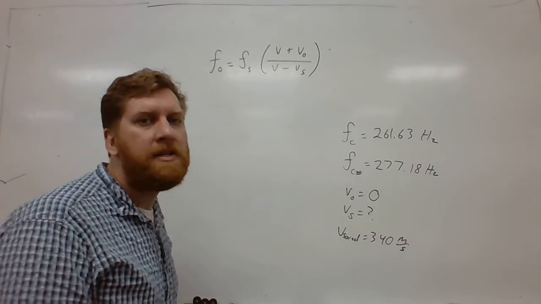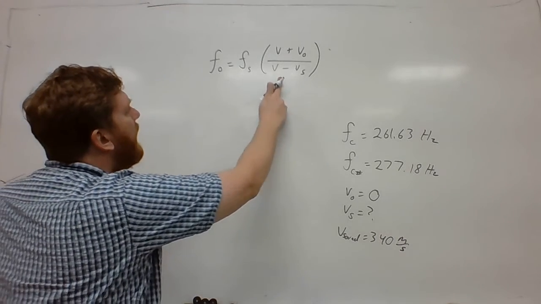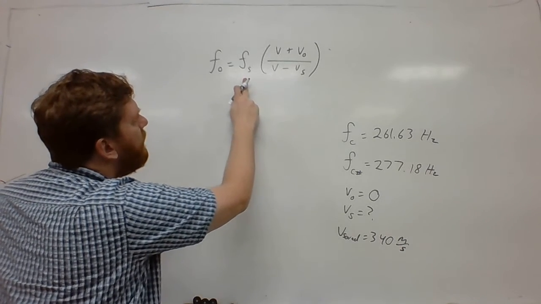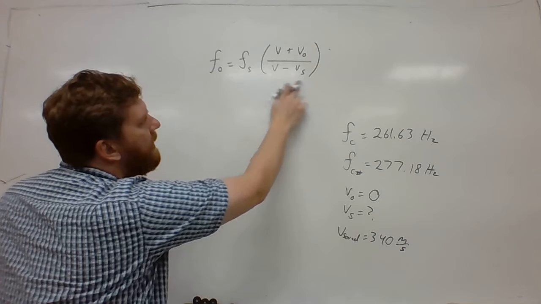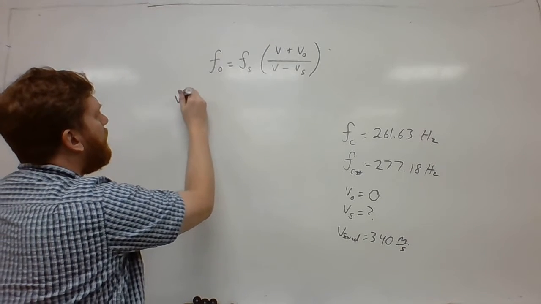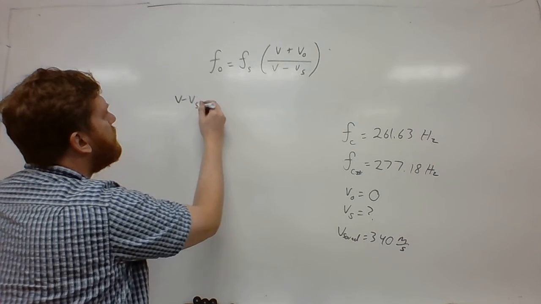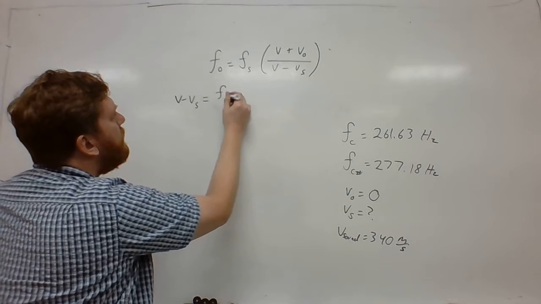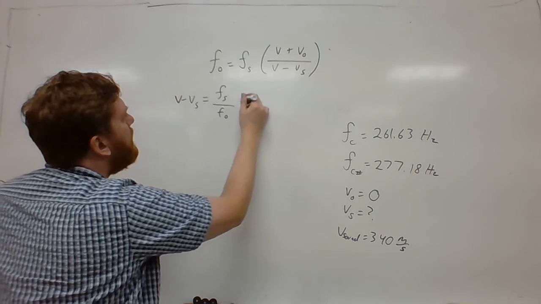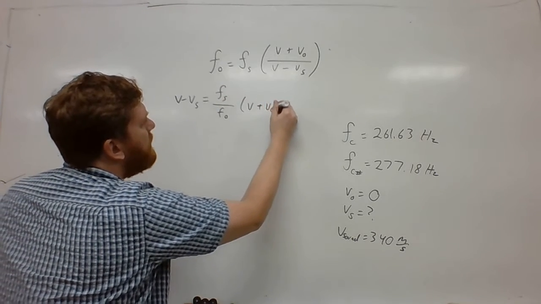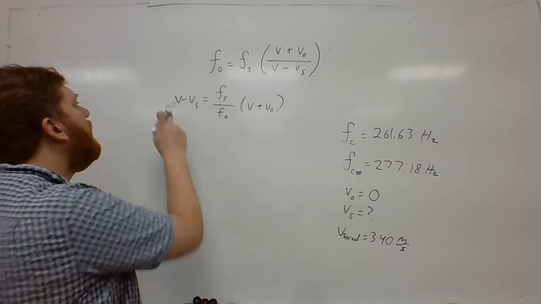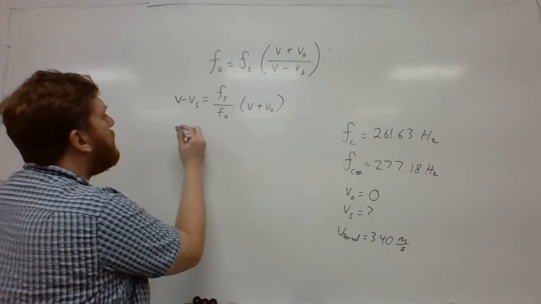We're solving for velocity of the source. So let's divide both sides by frequency of the observer, multiply both sides by this denominator. Velocity minus velocity of the source is equal to frequency of the source over the observer times velocity plus velocity of the observer. Subtract v from both sides.